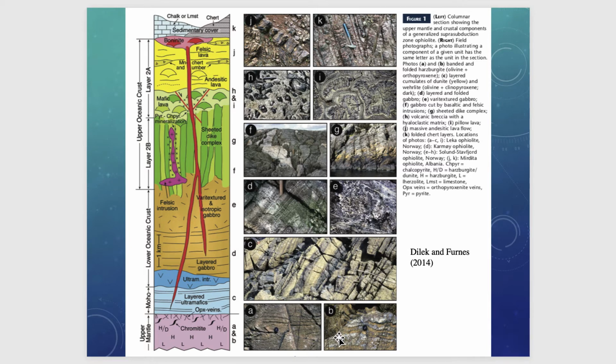In A and B we have what are defined as upper mantle rocks, and these will be your harzburgites and dunites, and they are restitic rocks that often get deformed, so you can see examples of folding in here, as well as some of the modal mineralogy variations. So we have some subhorizontal veining in this case, which is likely represented by plagioclase.